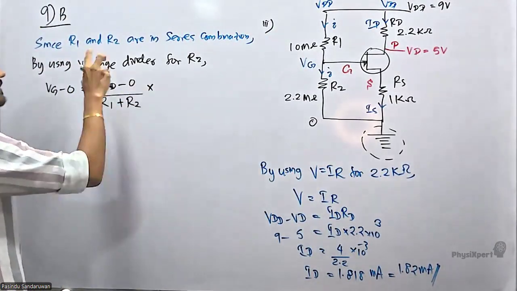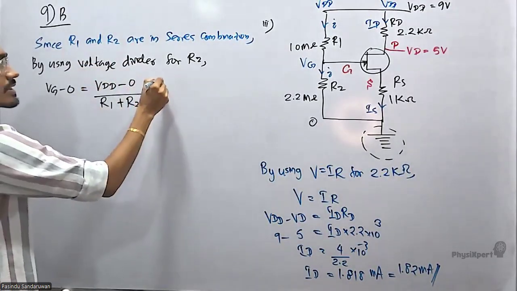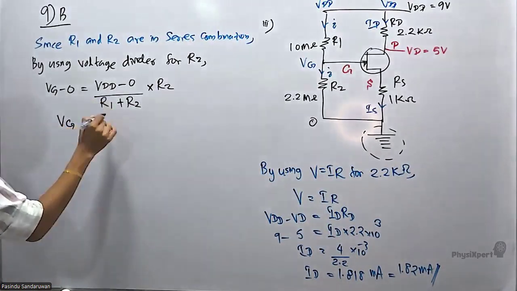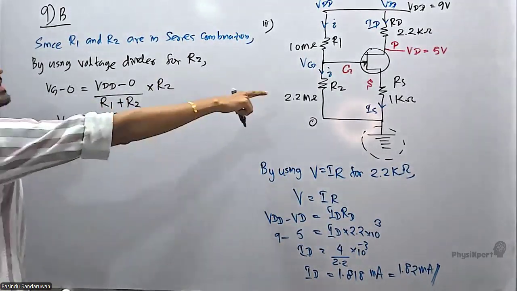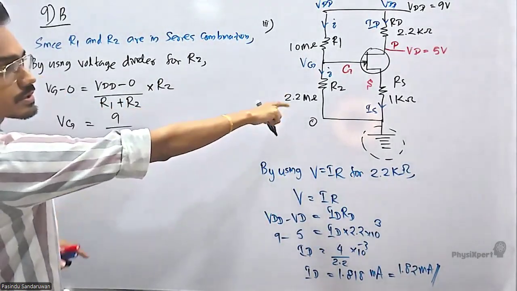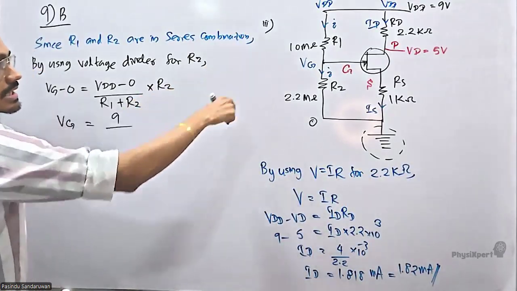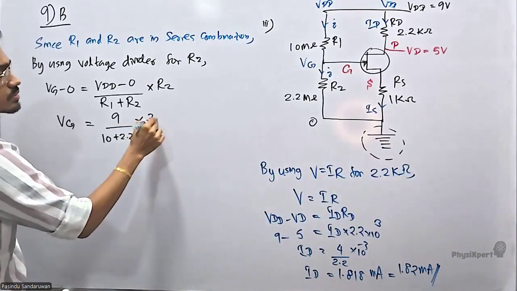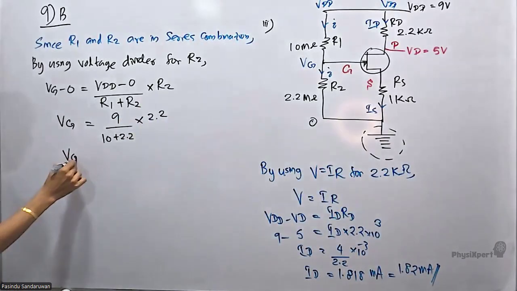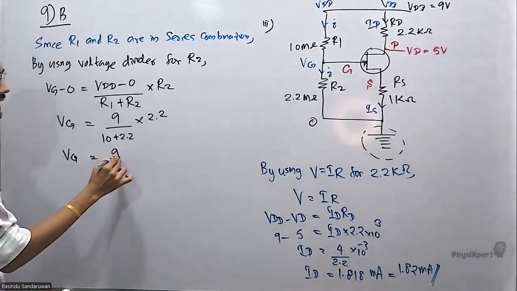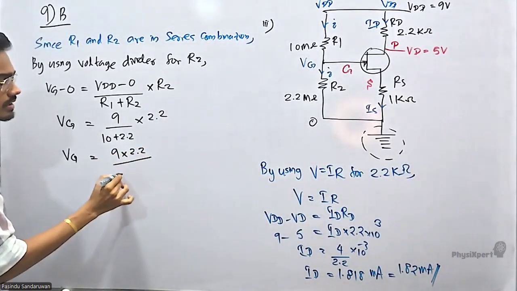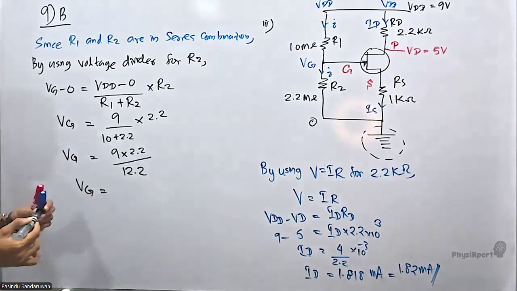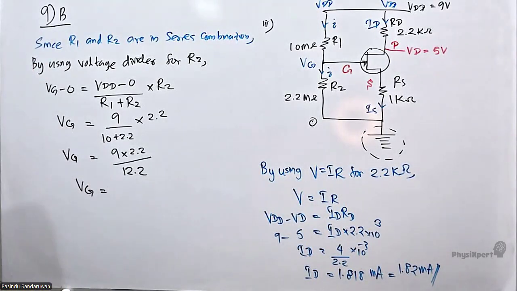If we are using a potential divider for R2, multiply it with R2. So VG equals VDD, which is 9, over R1 plus R2, times R2. I'm not going to convert megaohms because it is going to be cancelled. So 9 times 2.2 over 10 plus 2.2, which is 9 times 2.2 over 12.2.